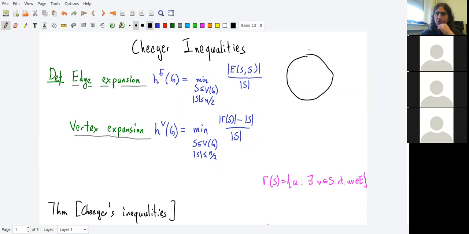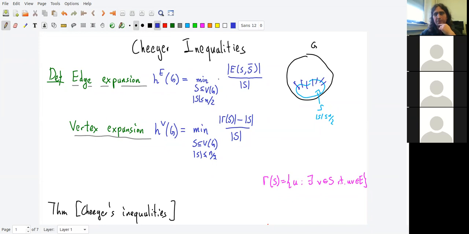If I look at the graph G and I'm looking at any subset of vertices S, which is pretty small in the sense that it contains at most n/2 vertices of the graph, I can count how many edges are sticking out of this subset. So how many edges are here, yes, that have one endpoint in the subset and the other endpoint outside of the subset. So this is the size of the edge set between S and the complement of S.